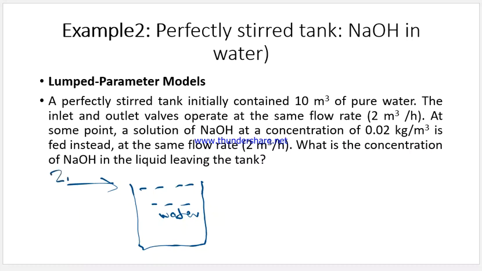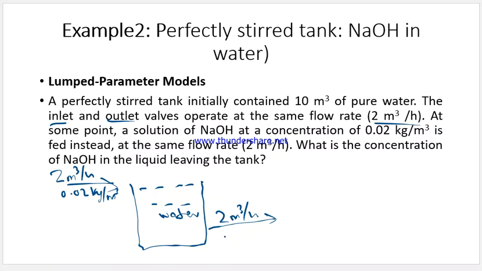The rate of feeding is 2 meter cube per hour, and the sodium hydroxide in it was 0.02 kilogram per meter cube. Then they are now looking for what is the concentration of sodium hydroxide in the liquid leaving the tank. So they said the exit is also 2 meter cube per hour, because they said inlet and outlet valves operate at 2 meter cube per hour.